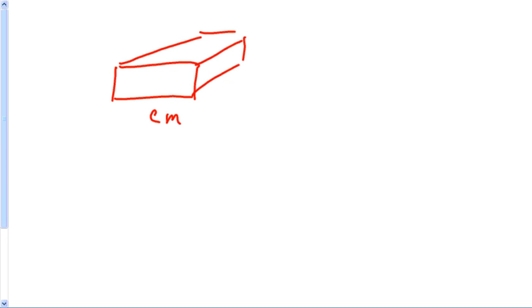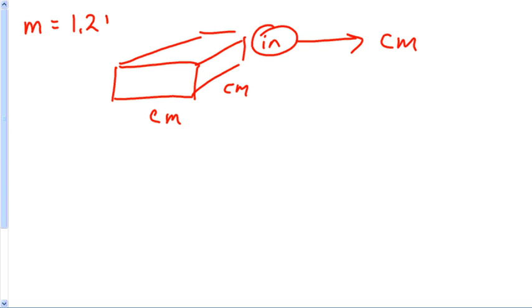Now, you are advanced class. So what might I do to make something tricky? Easy. When you're working that problem, instead of giving you everything in centimeters, I might try and sneak in an inch in there. Well, if I do that, convert it to centimeters. That's my only trick. What else might I do? I might give you your mass in 1.2 kilograms.